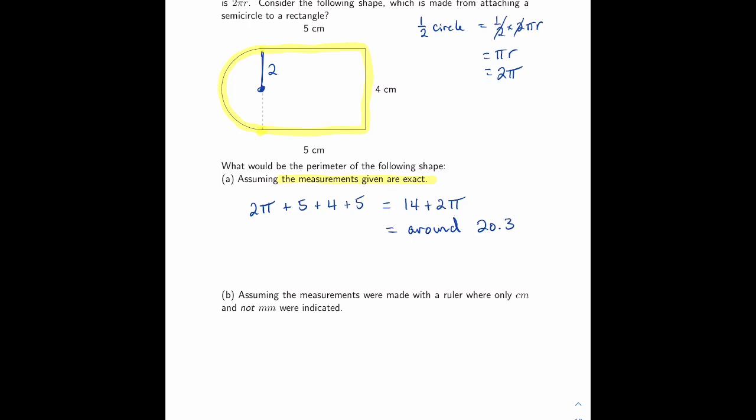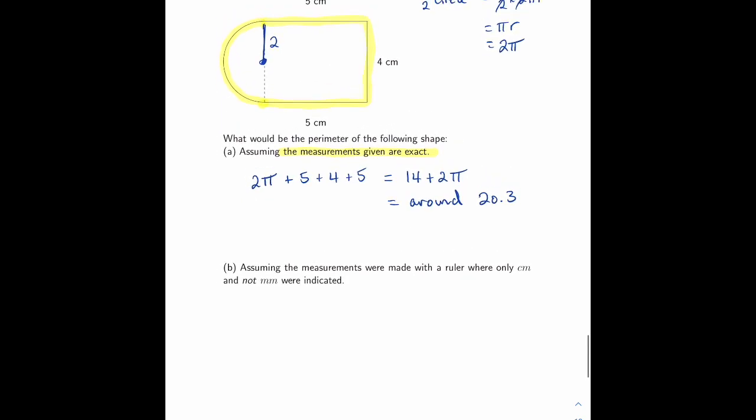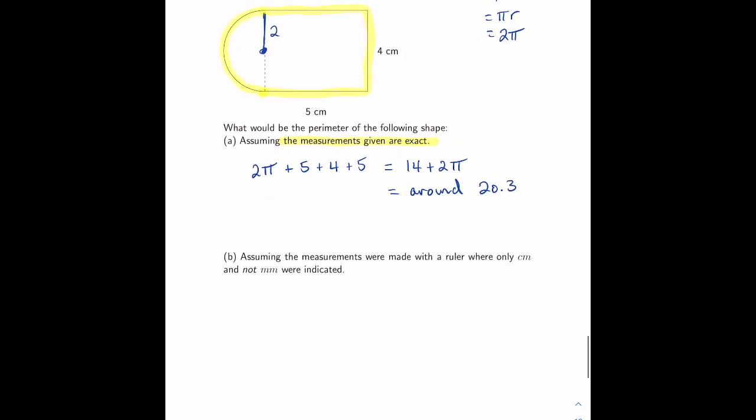Well, that was assuming they were exact values. If they were made with a ruler that was marked in centimeters and no millimeters, all I can really say is that this 4 is somewhere between 3.5 and 4.5.